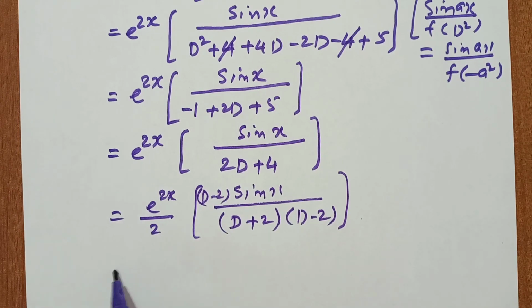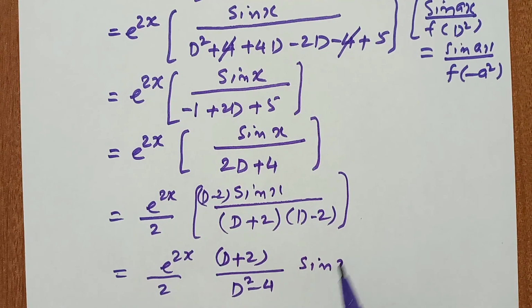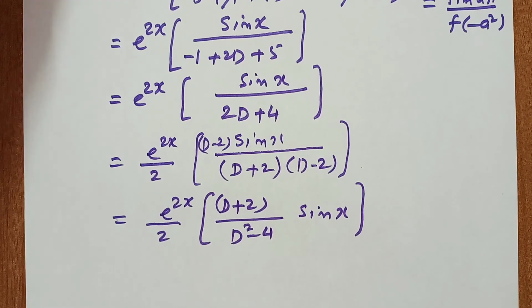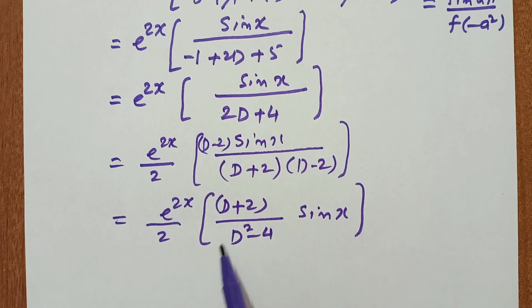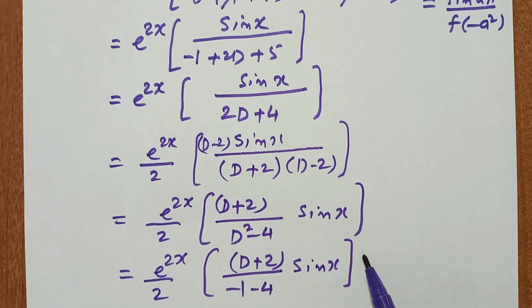Okay, so here e to the power 2x by 2 (D minus 2), and here D squared minus 4, sin x. Again we have the particular integral of sin ax upon f(D squared), so we put here minus 1. So this is e to the power 2x upon 2 (D minus 2) upon minus 1 minus 4, sin x. Okay, so this is equal to e to the power 2x by 2, this is minus 5, so minus 5.